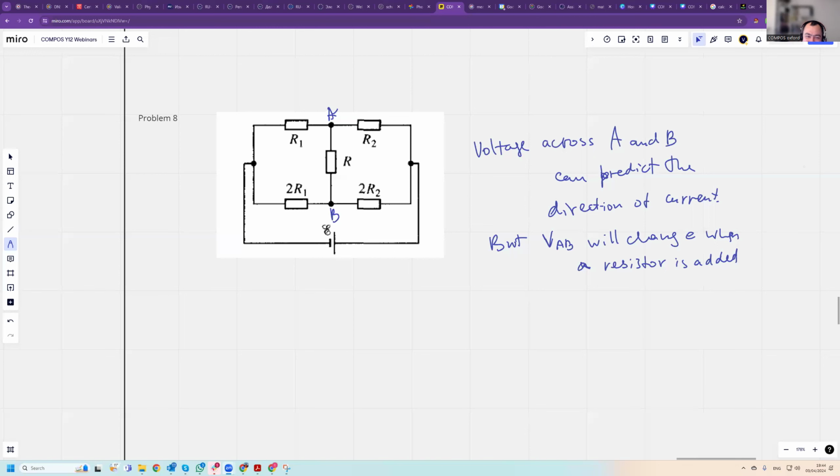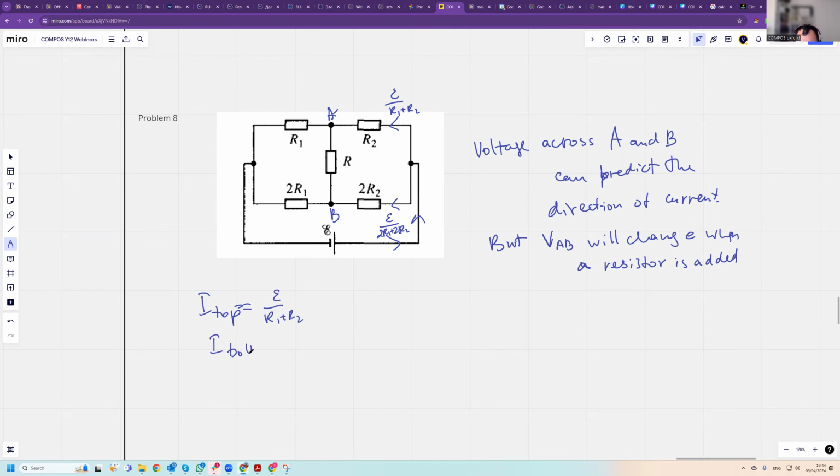Actually, let me finish the question. The answer here, the current in this section would be EMF divided by R1 plus R2. And in this section is going to be EMF divided by 2R1 plus 2R2. So current at the top is EMF over R1 plus R2.